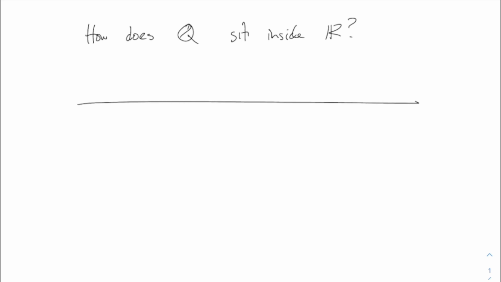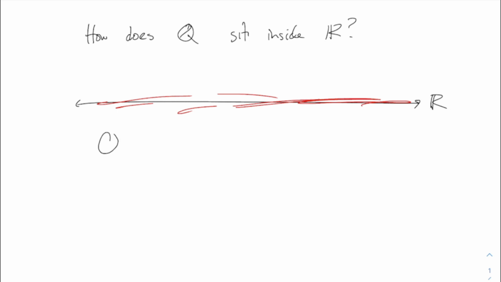So the question is, how does Q, this is the set of rational numbers, sit inside R? Like if I draw the picture of R as a real line, like I usually do, where is Q in that picture? The answer is it's kind of everywhere. Not to say that every real number is part of Q, because it's not, but the rational numbers are kind of evenly dispersed throughout the entire real line.